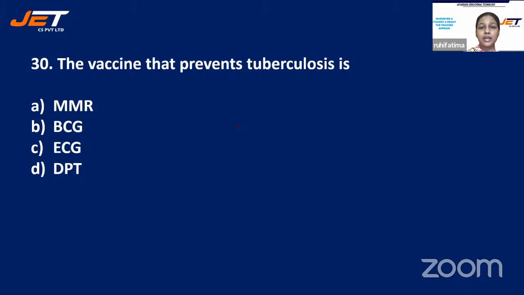The vaccine that prevents tuberculosis is MMR, BCG, ECG, or DPT. This question is for you students. Answer me in 20 seconds.